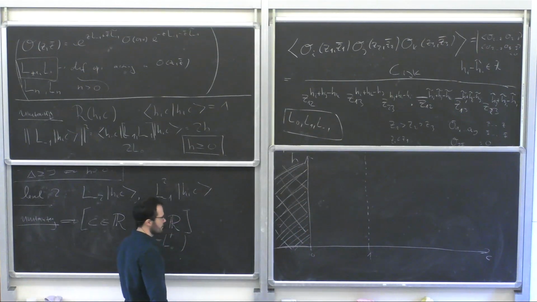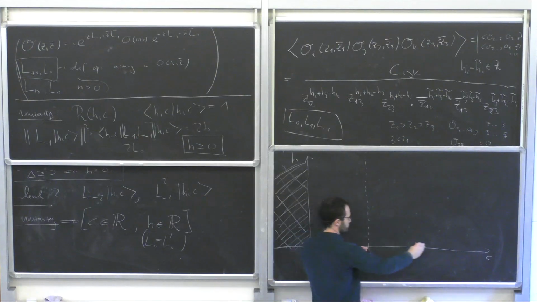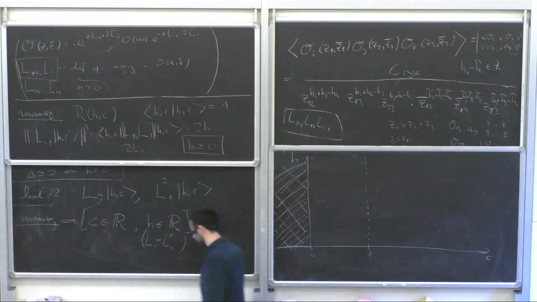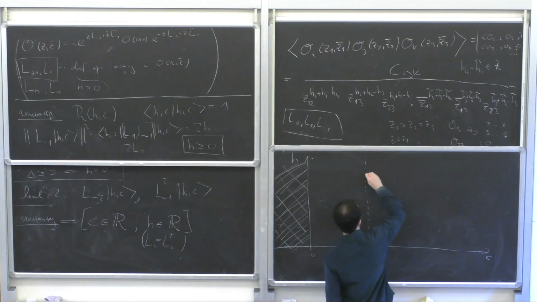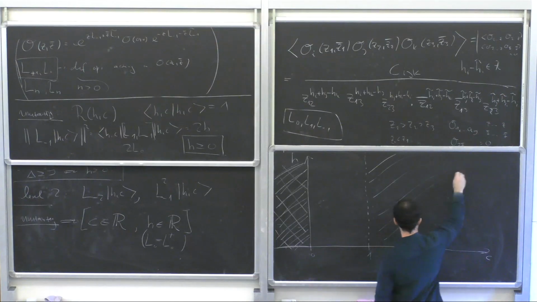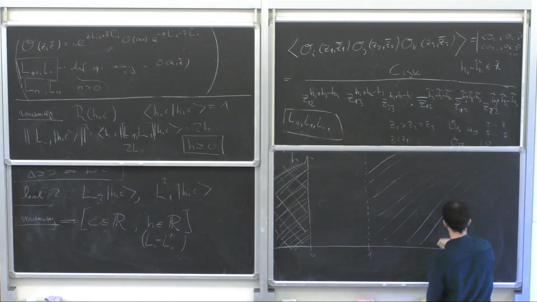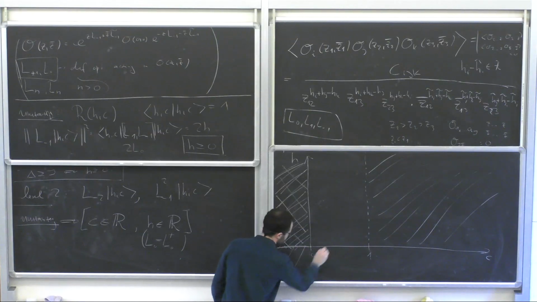Now, it turns out that if C is greater than 1, then it's always okay. So this region is always good. Of course we already said that H negative is not good.